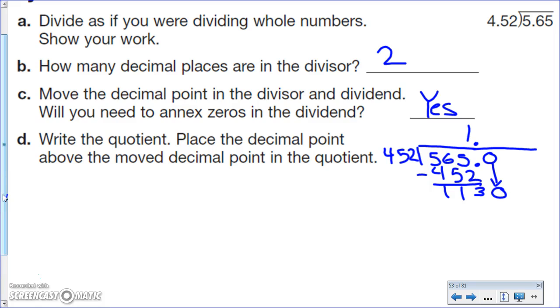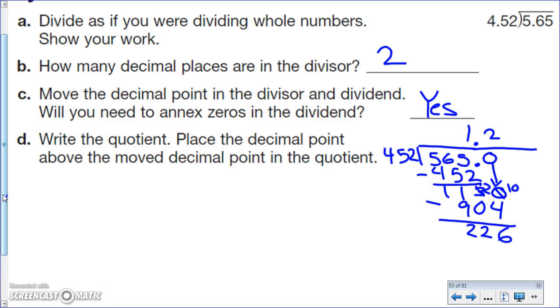Now we look at 452, and if we use our estimating, we know it's going to go in twice. And 452 times 2 is 904. Then we're going to subtract. And we get a remainder of 226.